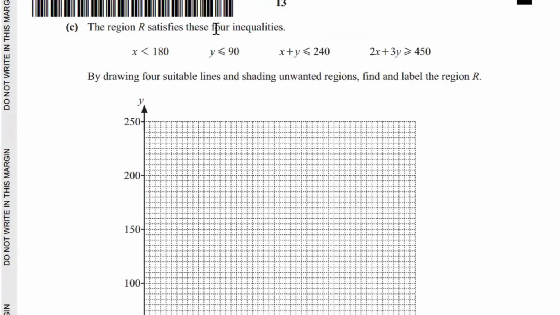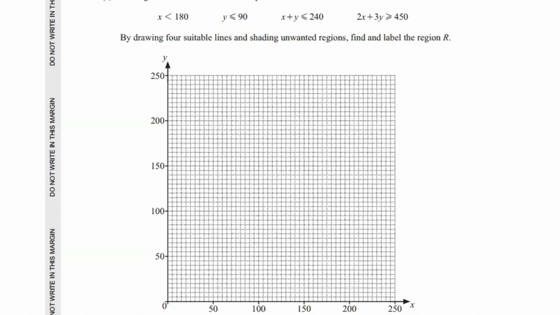The region R satisfies these four inequalities. By drawing 4 suitable lines and shading unwanted regions, find and label the region R. First, we draw a line at x equals 180.